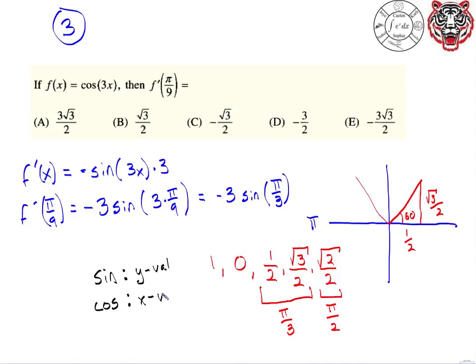Cosine is the x value. Nailed it. So when I say sine of pi over 3, I'm saying what is the y value of this point? This point has an x value of 1/2 and a y value of square root of 3 over 2. So sine of pi over 3 is equal to what?